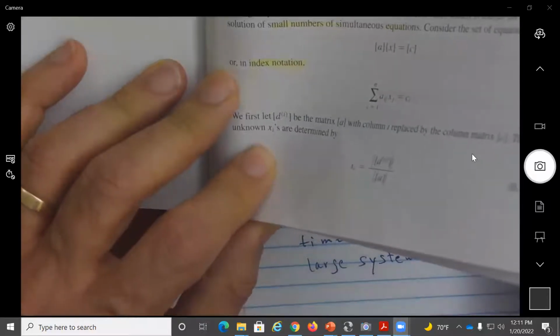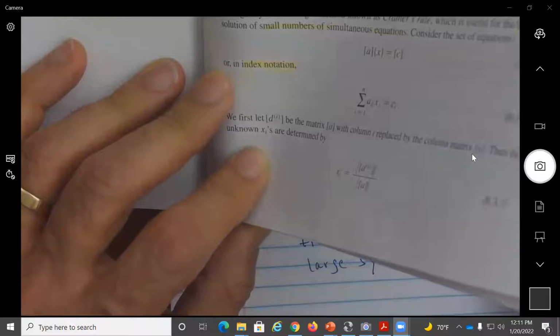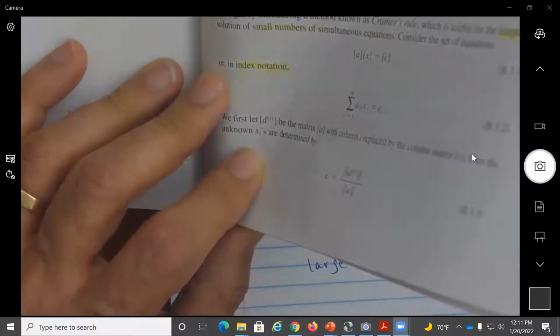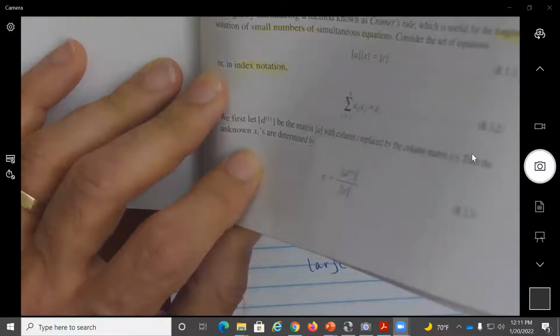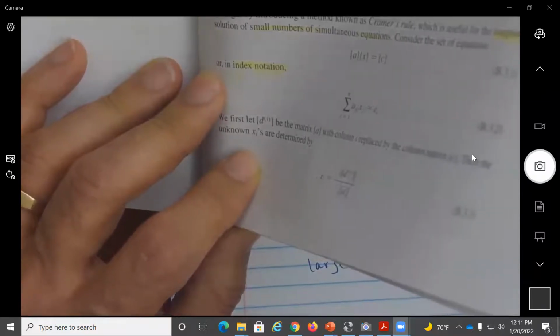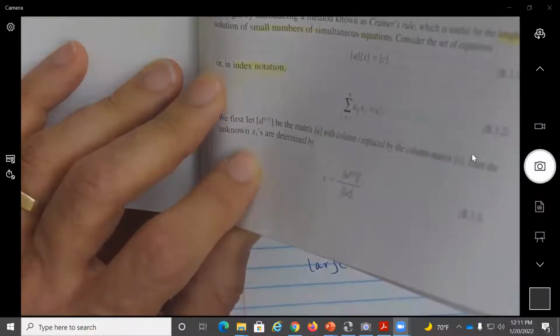Because it would be like a11 times x1 plus a12 times x2 and so on, and this would remain Ci. So I think this should be j equal 1 to n.